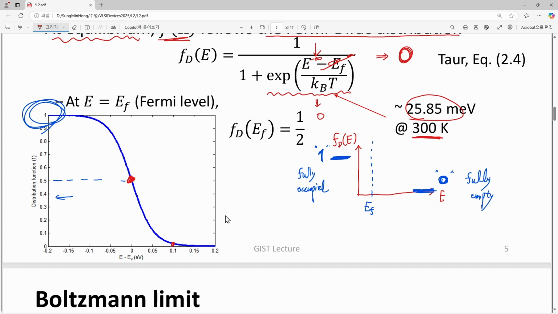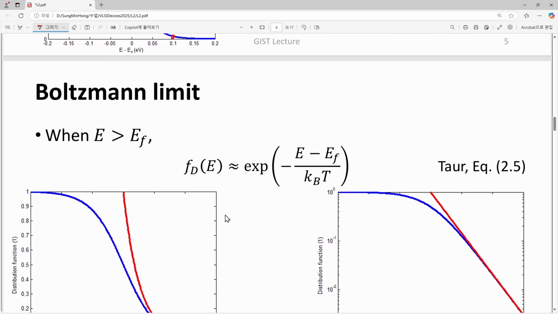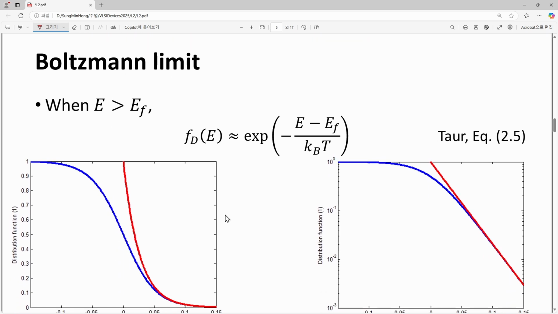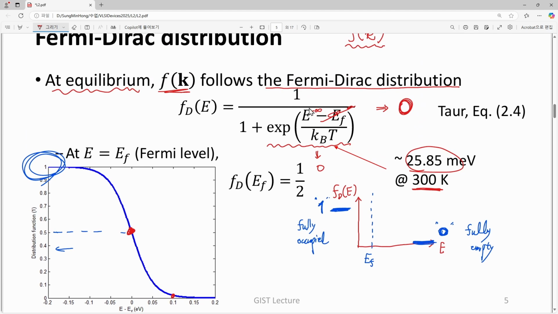Let's go to the next part. Actually, we must consider Fermi-Dirac distribution, but we can also consider another limit. So when energy is higher than Fermi level, of course, it means that E minus EF is a positive number. Then here we have positive argument for our Fermi distribution function.